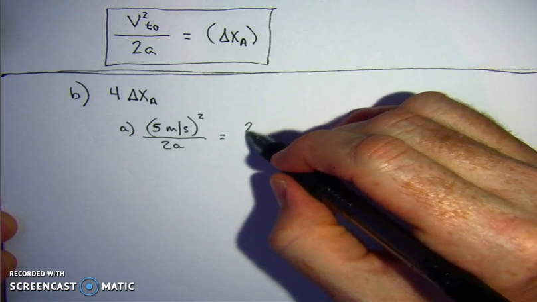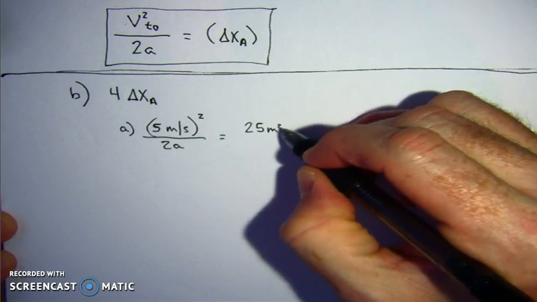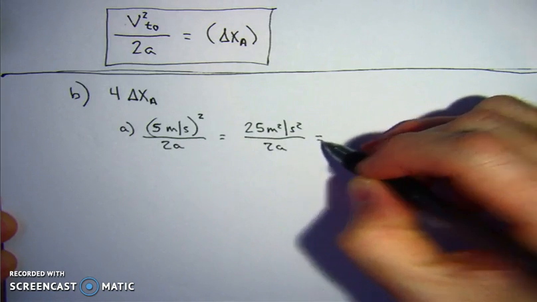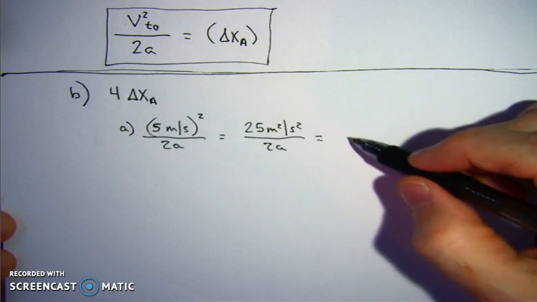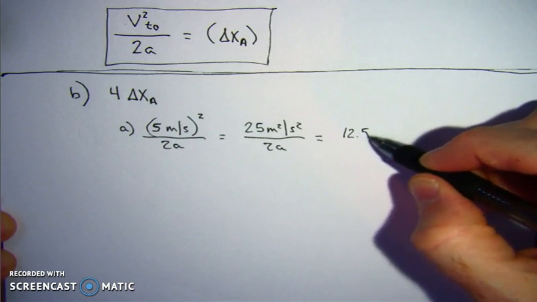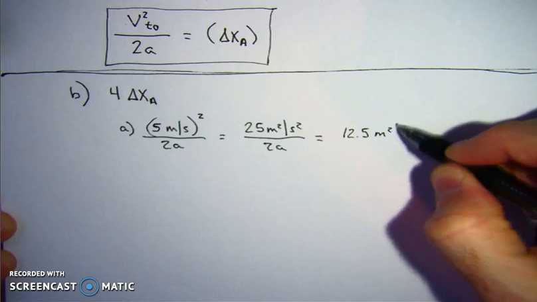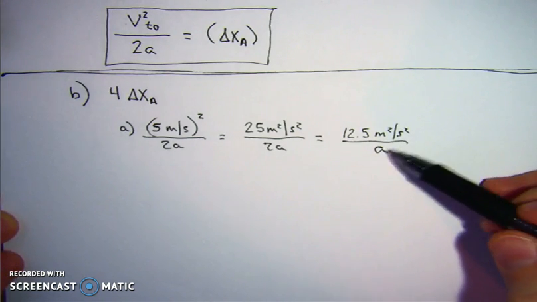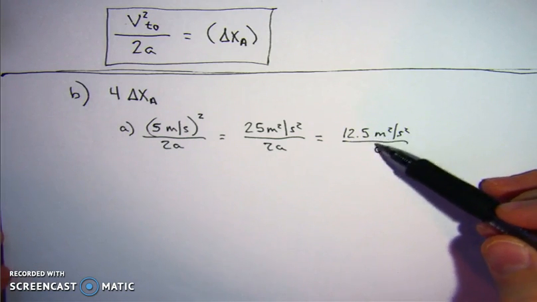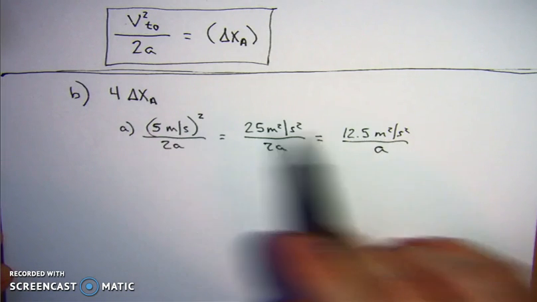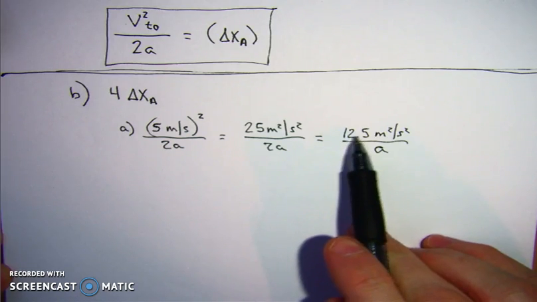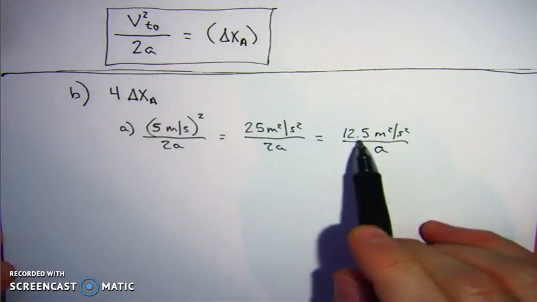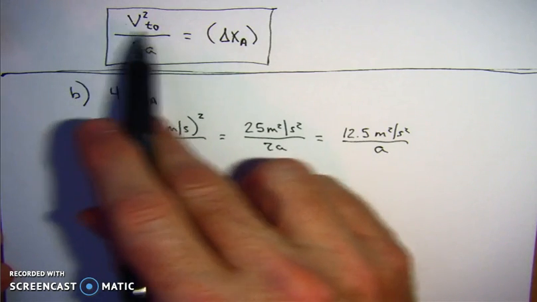That would equal 25 meters squared second squared over 2A, which would equal 25 divided by 2 is 12.5 meters squared second squared over A. Okay, so this is what we're dealing with as far as what the speed would be if you had the velocity squared over the acceleration. That would be what we'd have for a fictitious speed for A.